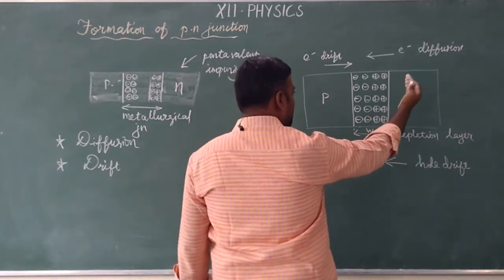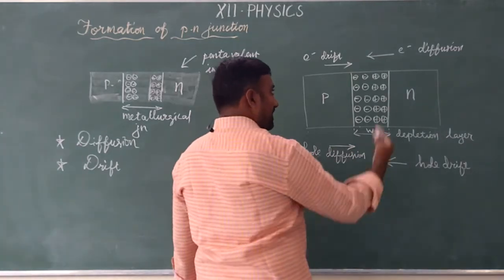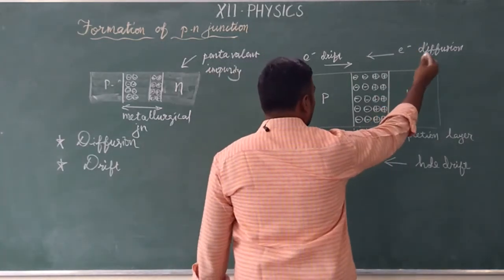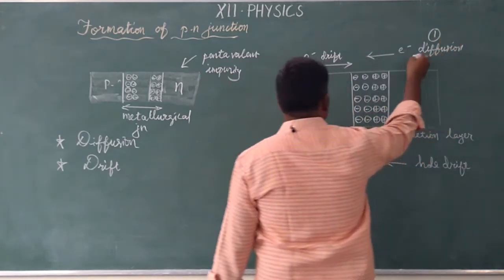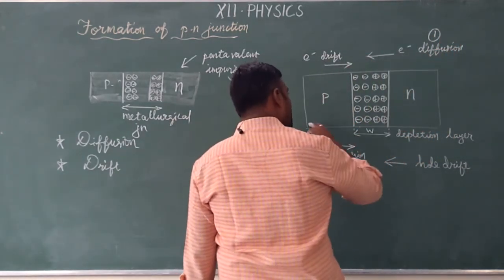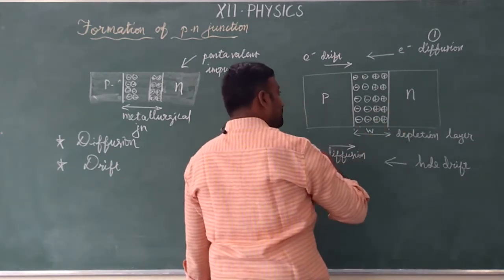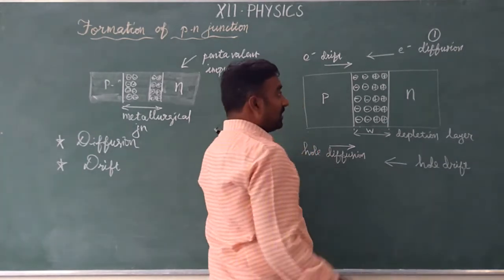So the electrons started moving towards the p side. It has extra electrons, so the electron diffusion takes place first. At the same time, the holes also started to diffuse, just to balance the places. So the holes are moving towards the n side.